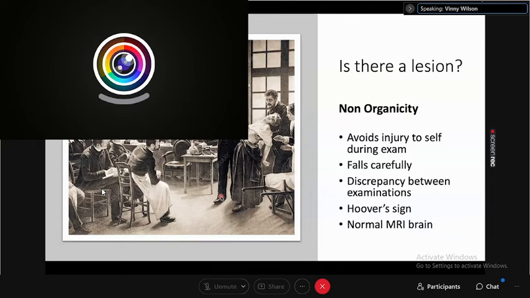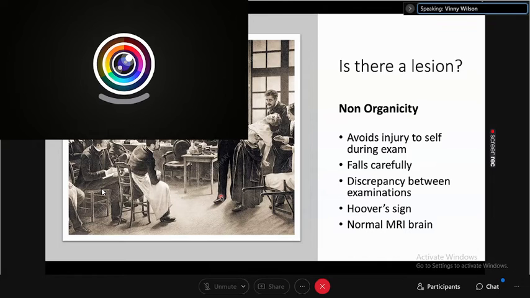And when you have such variable examination findings between standing, sitting, lying, or between two examinations that are only minutes or hours apart, then you again start suspecting nonorganicity. And Hoover's sign, I'm sure being psychiatric residents, you are all aware of what Hoover's sign is, where you keep both hands under the feet and you ask the patient to raise one leg.